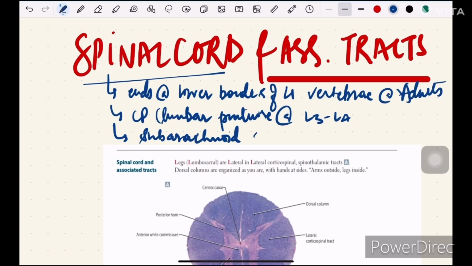The subarachnoid space ends at the level of S2 vertebra, you can remember it as S and S, two times S.